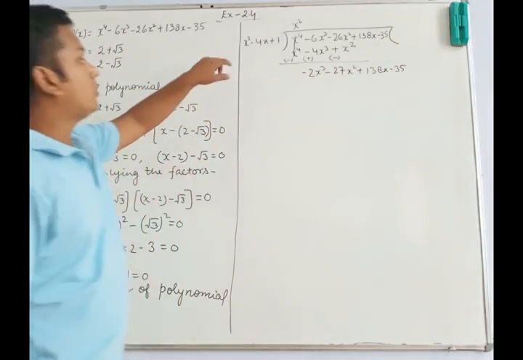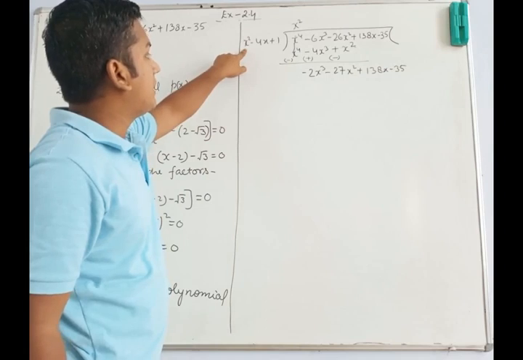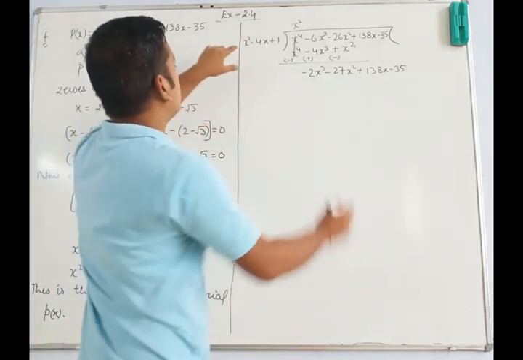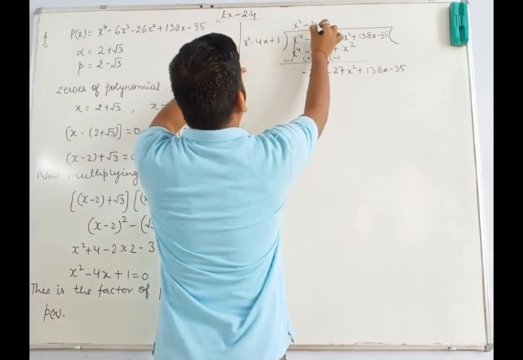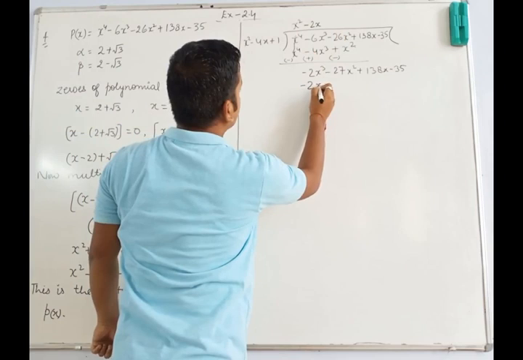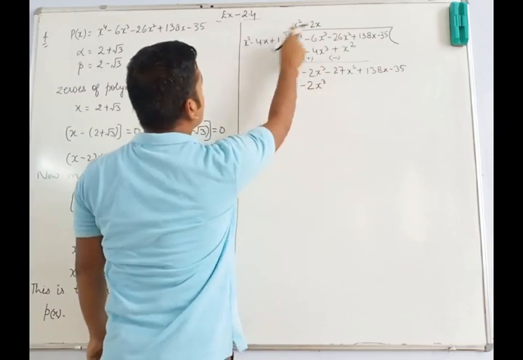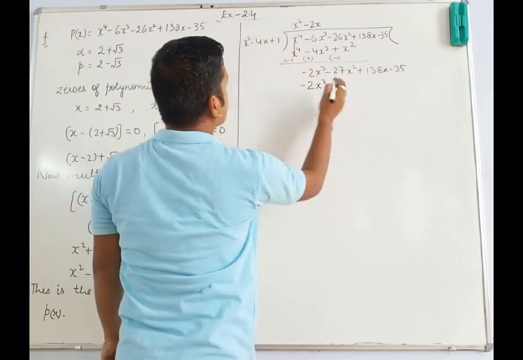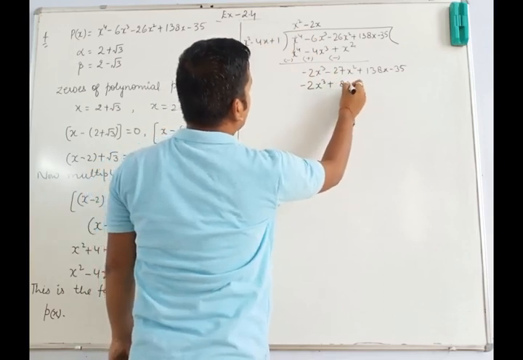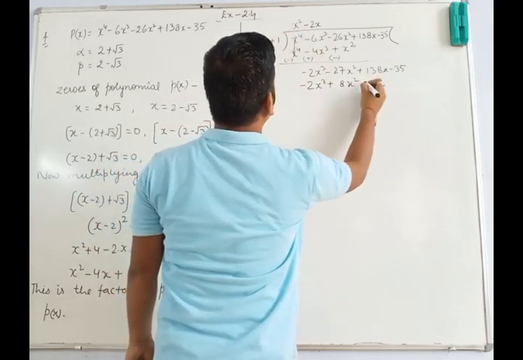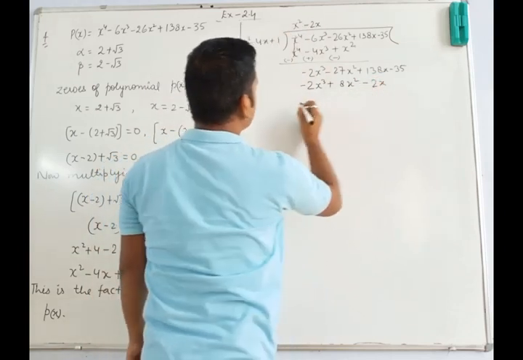Now we have to multiply it with −2x so that we can get −2x³. So −2x will be multiplied. What will it become? −2x³, and minus minus plus, 2 × 4 is 8, 8x², and −2x times 1 will give you −2x.